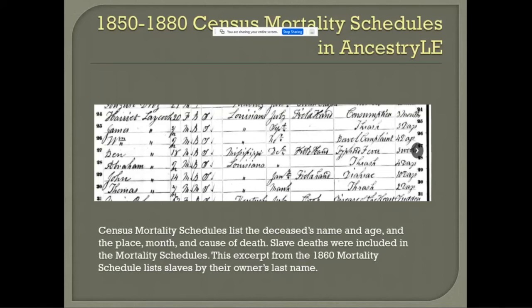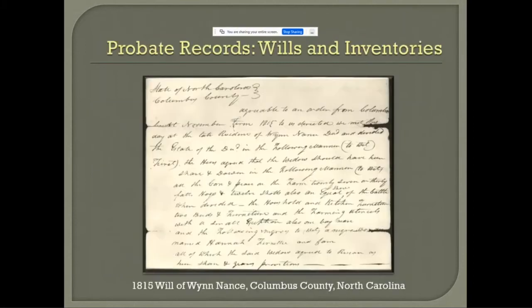And he had 1, 2, 3, 4, 5, 6, 7 people die. 7 slaves died. But we have names. And so you might be able to associate a name with a person. Also, it's just horrifying.